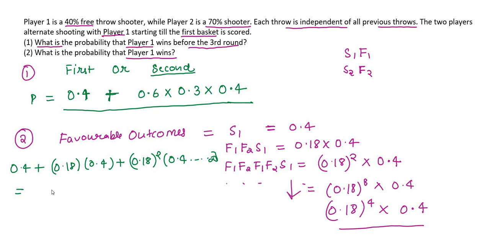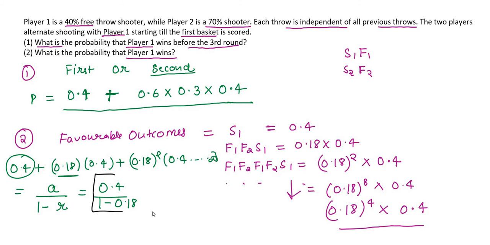And this sum is given by A over 1 minus R. Here our A, the first term, is 0.4, and R is 0.18, so it is 0.4 over 1 minus 0.18. So this is the solution that we have.